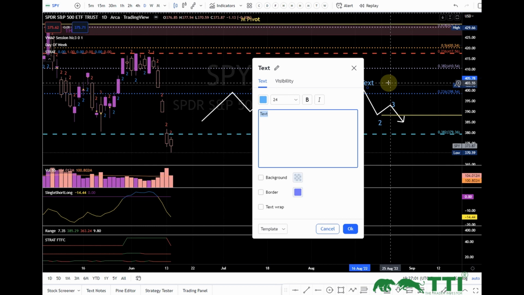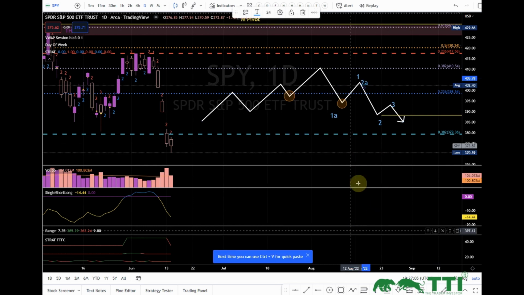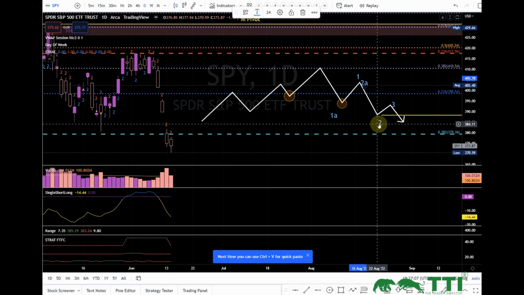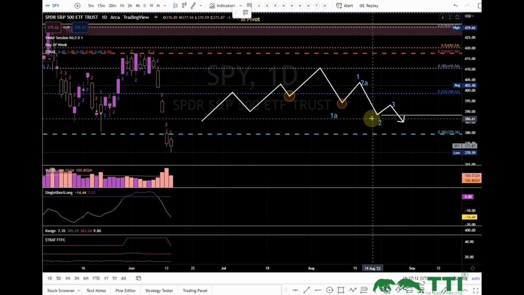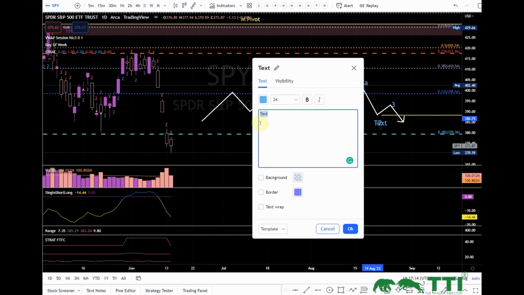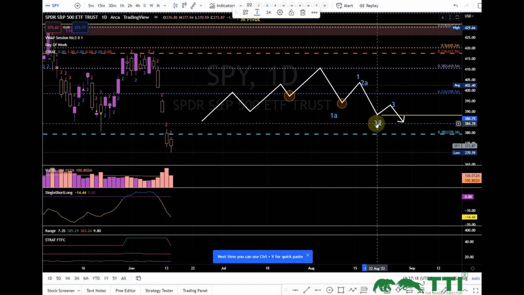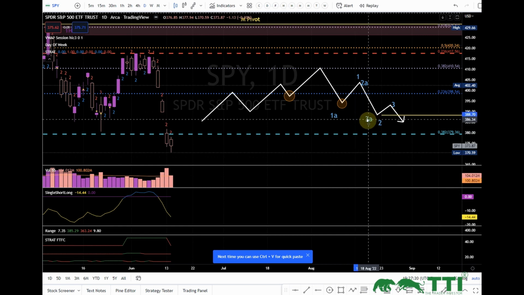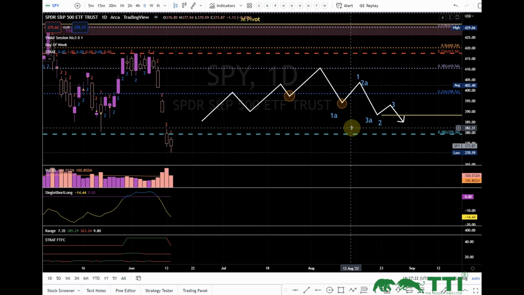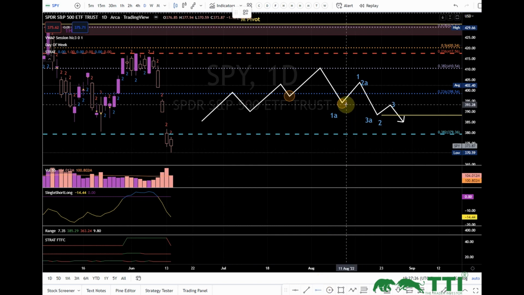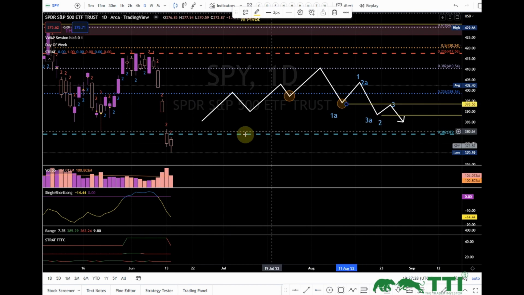I'm using just the A to differentiate between the two. So you'd be a 2A, and then a 3A. If you do it this way, your entry comes sooner. Your entry is at the break of 1.